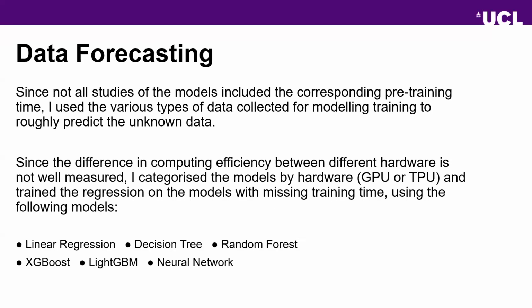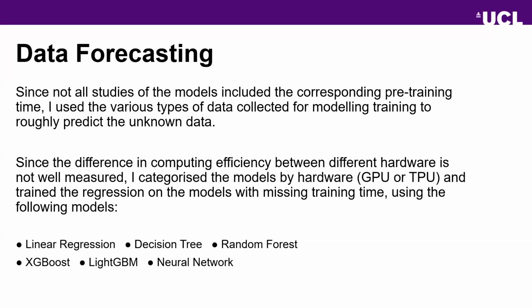Since the difference in computing efficiency between different hardware is not well measured, I categorized the models by hardware and trained regressions on the models with missing pre-training time using the following models: linear regression, decision tree, random forest, XGBoost, LightGBM, and a neural network.